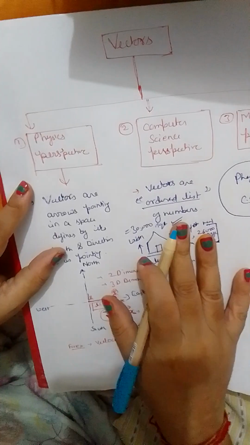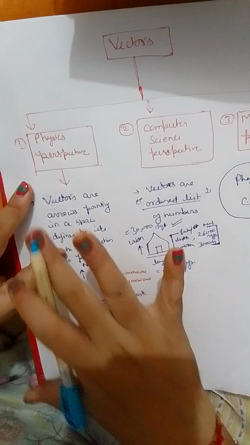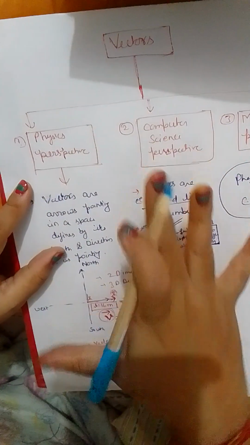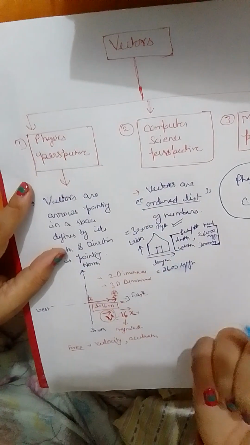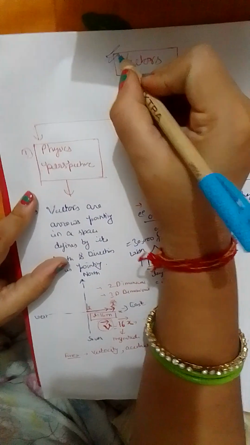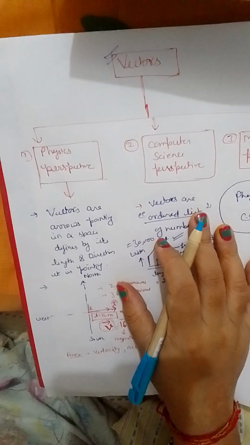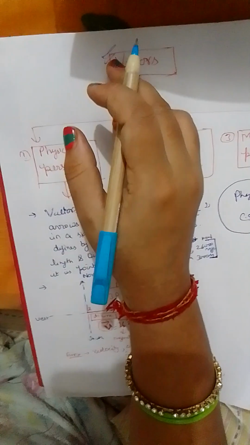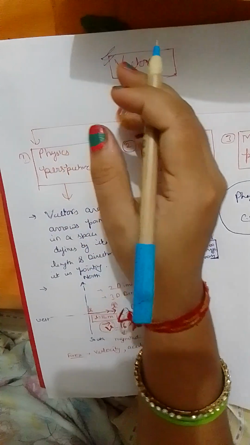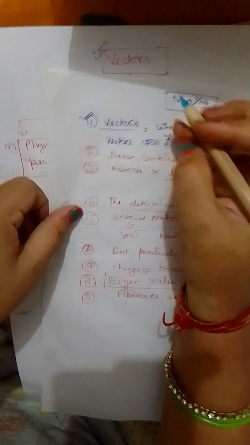And now I'll teach you the expression on a flat surface. I'll teach you how we extract the matrix from vectors. We'll see that. So the first topic of the syllabus is complete: what vectors are.